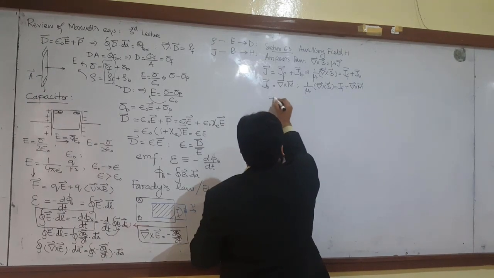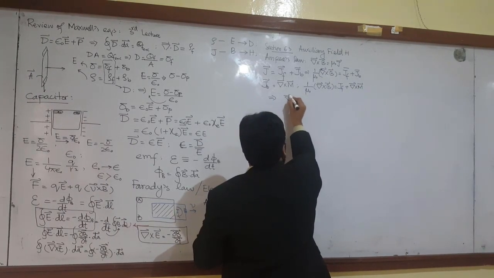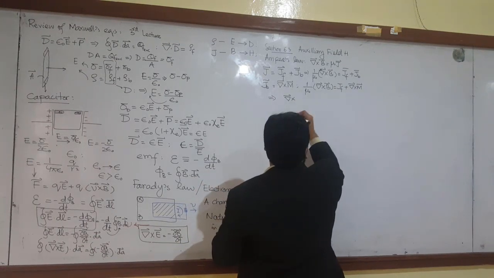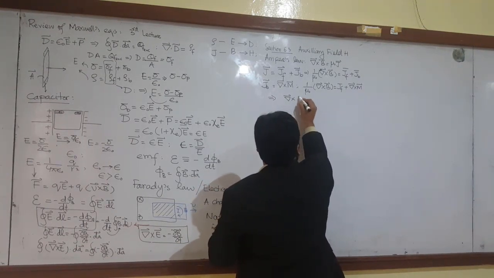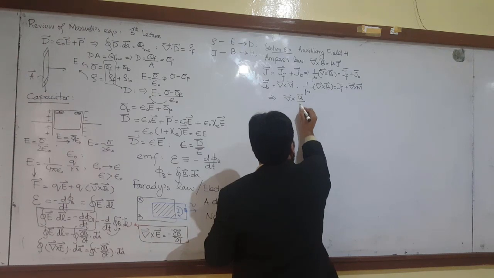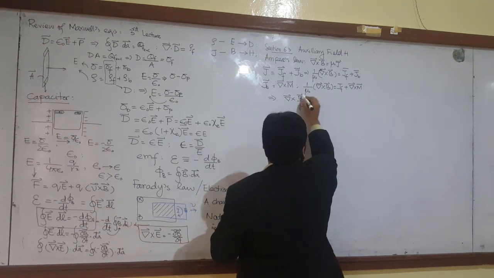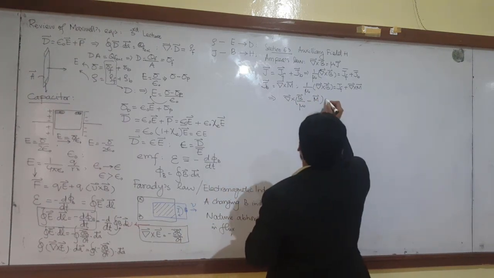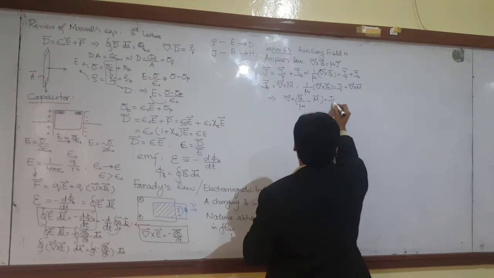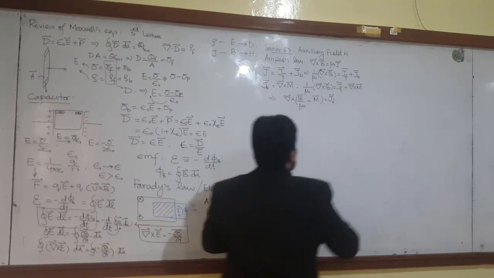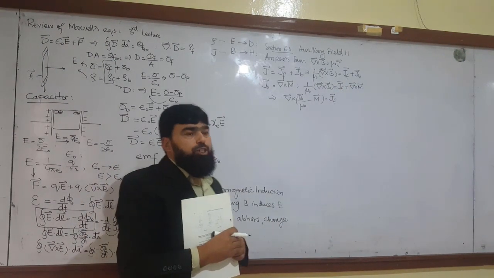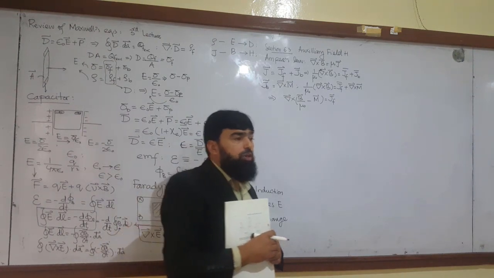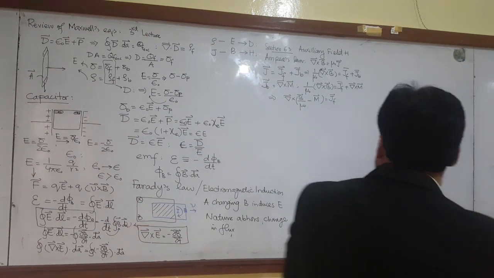This implies that if I bring that one on this side, so B over mu naught minus M, and I take del cross as common, it is equal to Jf, the free current density.